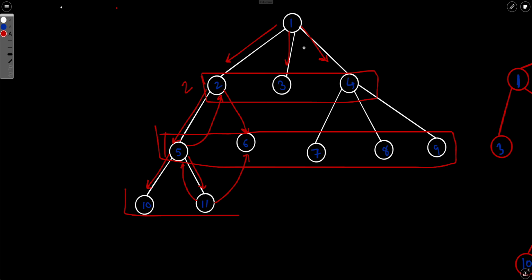I will try every possible root, find a valid structure, and from that structure we will get some value of m for this particular root. Let's say we got m1 with 1 as root, m2 with 2 as root, and so forth, and just take the maximum of all of these. This will be your answer, right?